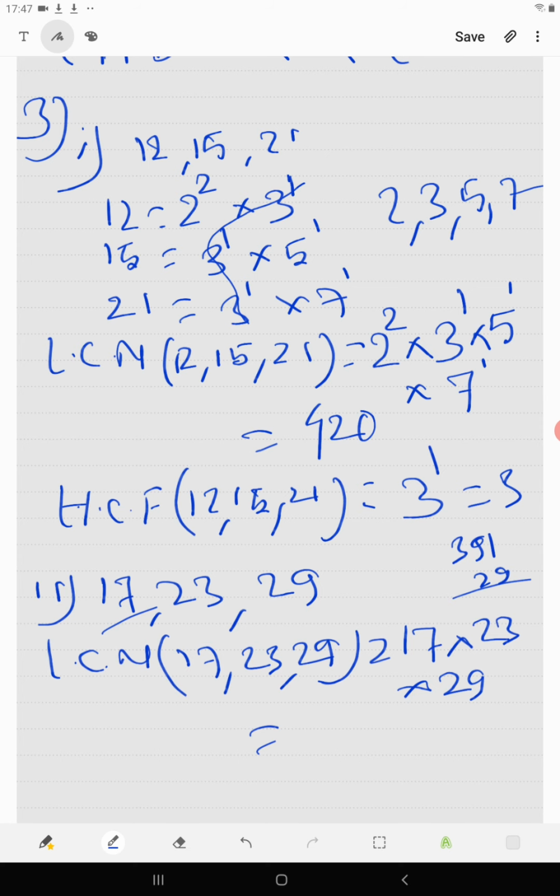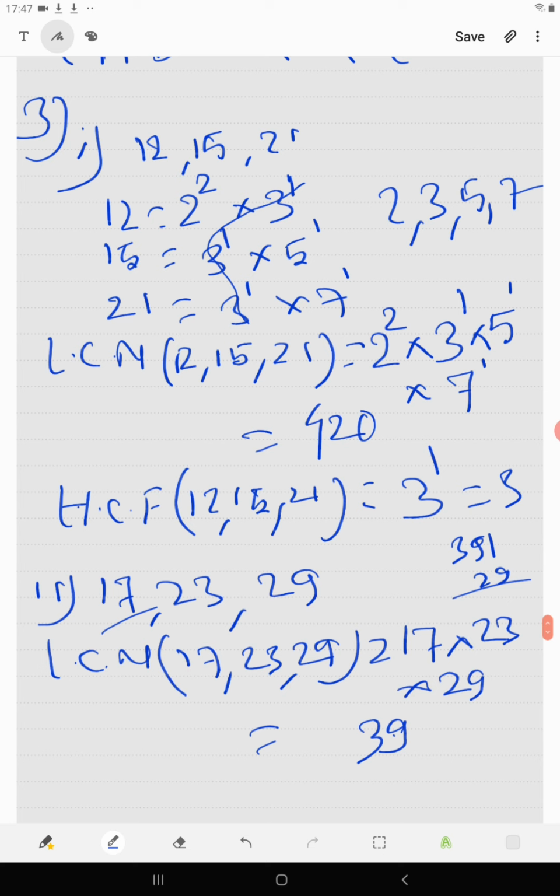Okay, so 29 into 1 is 29. We have 2 in hand. And 29 into 9 is 261. 261 plus 2 is 263.